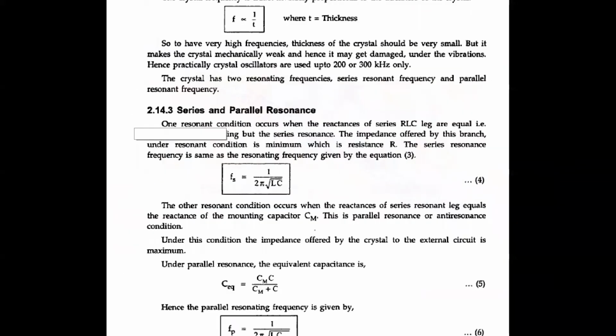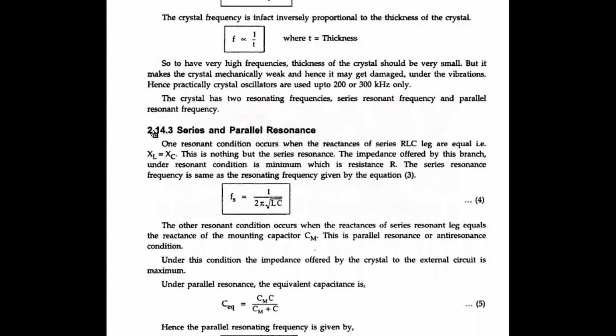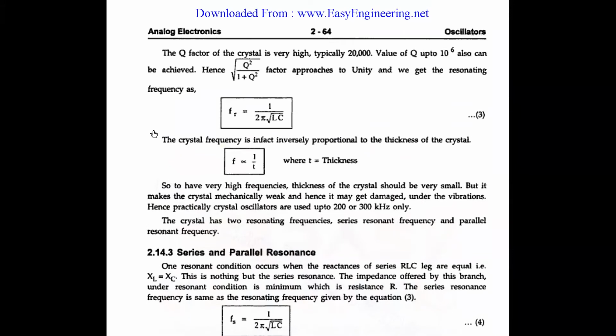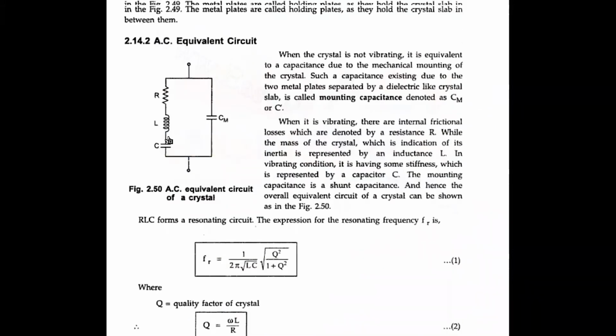You tell me. Among inductor and capacitor, which impedance is negative? Which impedance is positive? Only less than 1 minute remaining. Please answer. L is j omega L.